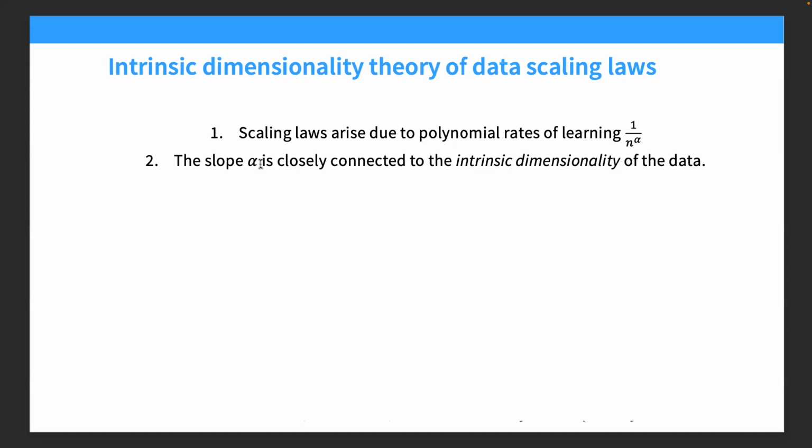Theoretically, maybe people have proved it, but people also show empirically through experiments that the slope alpha is connected to the intrinsic dimensionality of the data. Say if the data is 2 dimensions, 3 dimensions, or even higher dimensions, then that slope will reflect the intrinsic dimension of the data. I think it's a very interesting discovery, although I'm not sure right now whether it's theoretically proved.